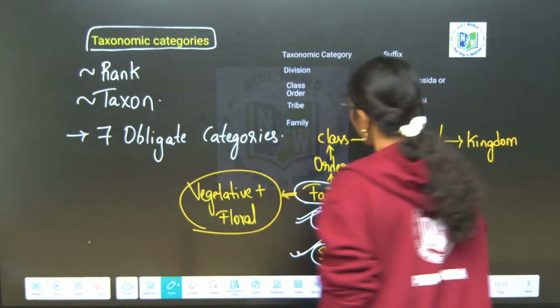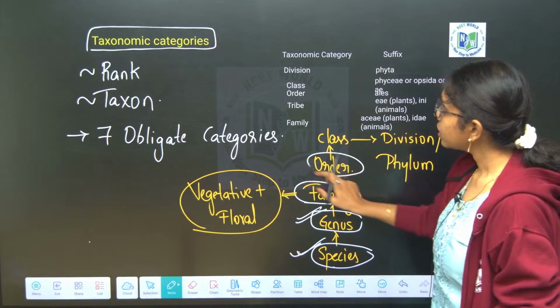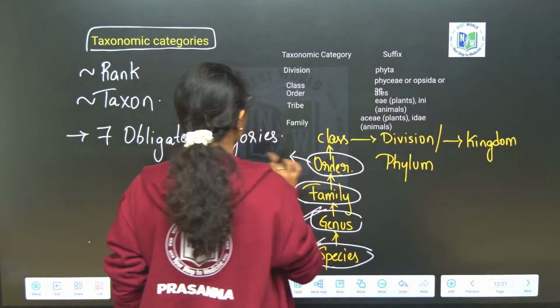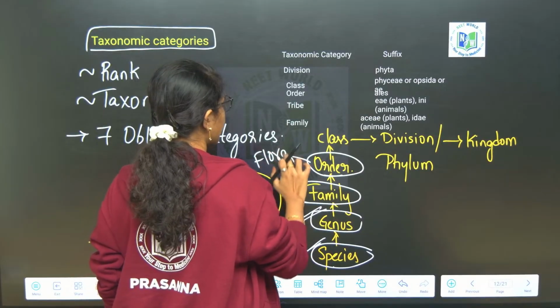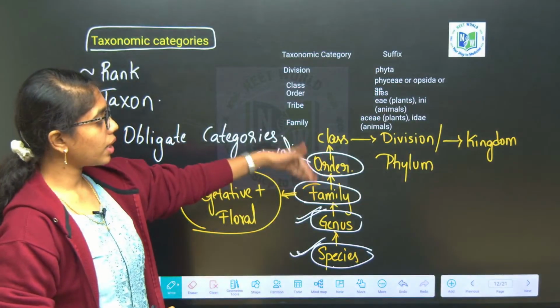And a group of related families which have the same floral characters are placed in order. Then a group of related orders in class.